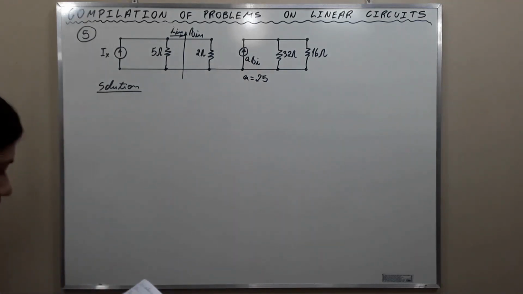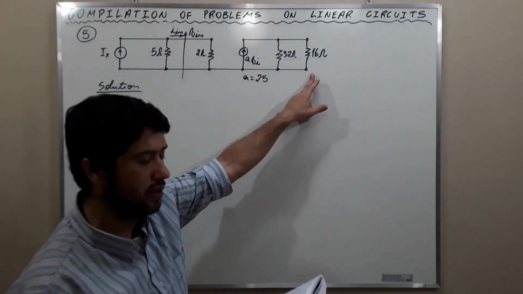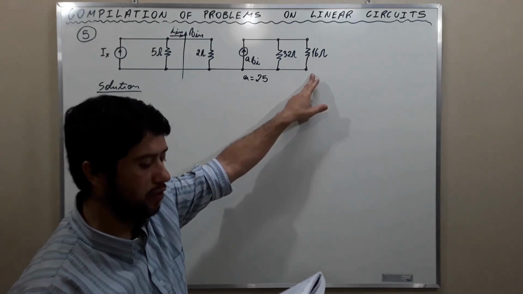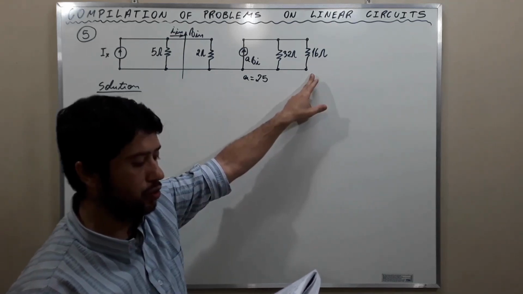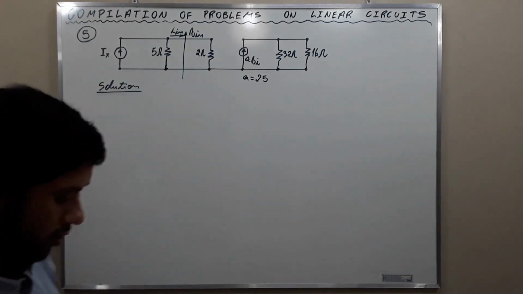Alright, now let's calculate the other parameters. The exercise says that the power delivered to the load is 16 watts.